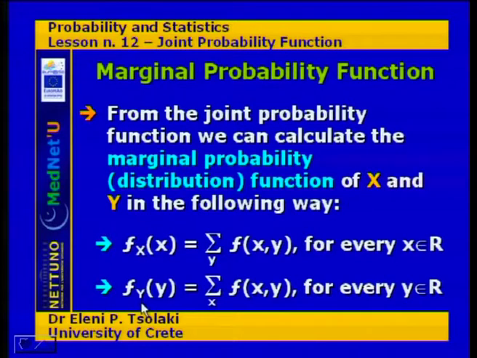The same way, if we put y where x was, we can obtain the marginal probability function of y. It is the sum for all values of x of the joint probability function.